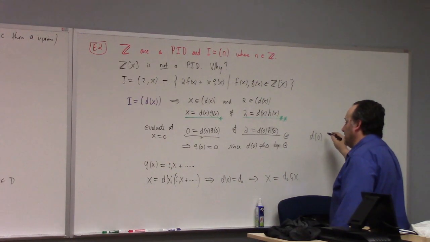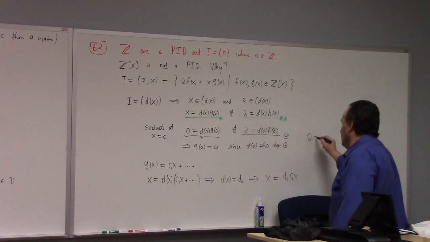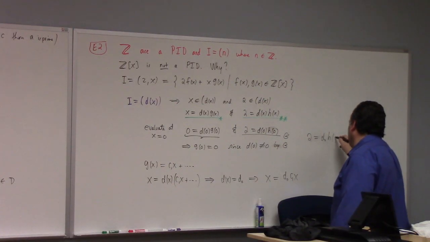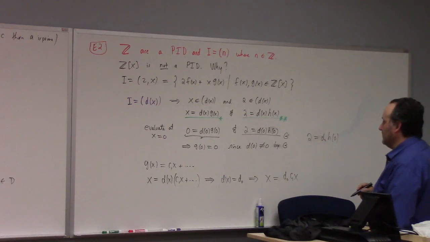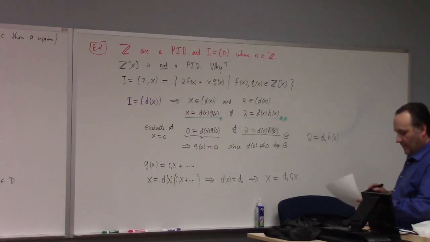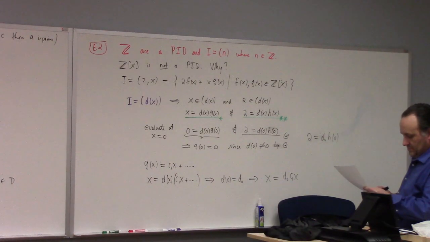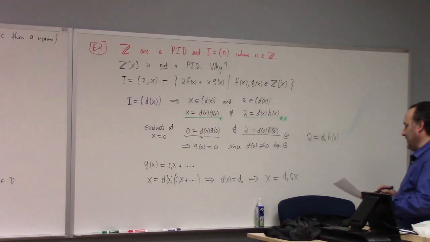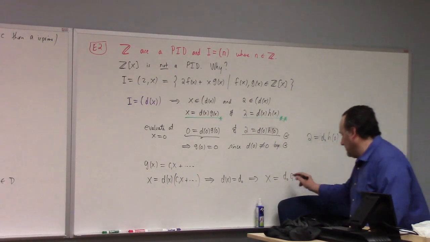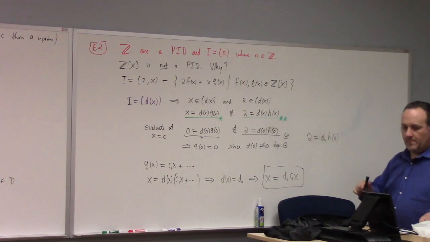But we also know that 2 is equal to d sub 0 times h of 0. Oh, but we know more than that. Actually, let's dwell on this. This is true, but not helpful, so ignore that.